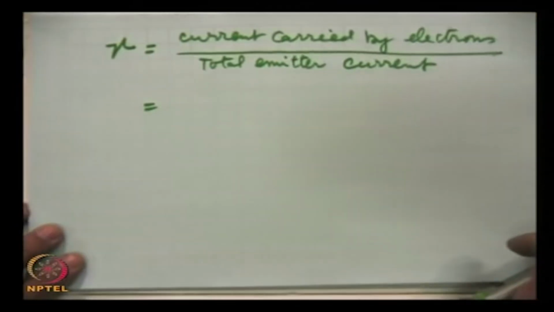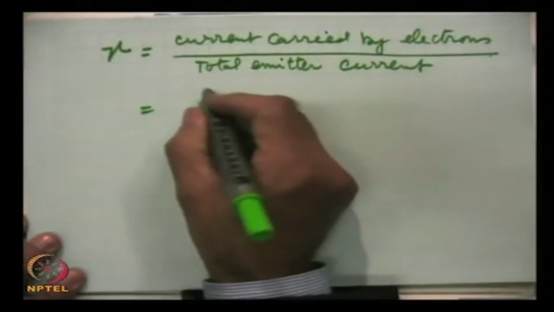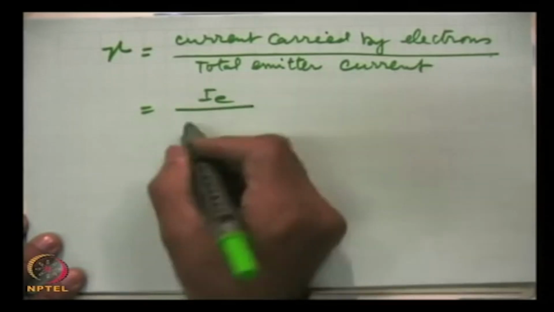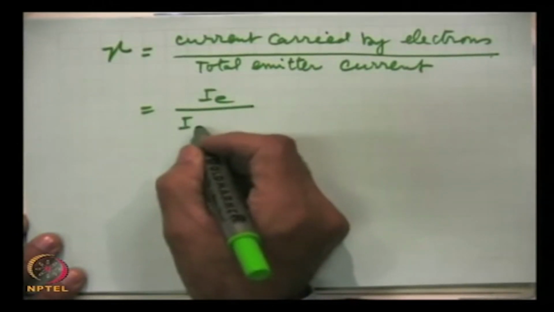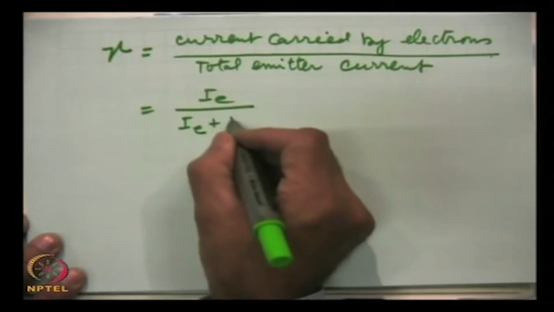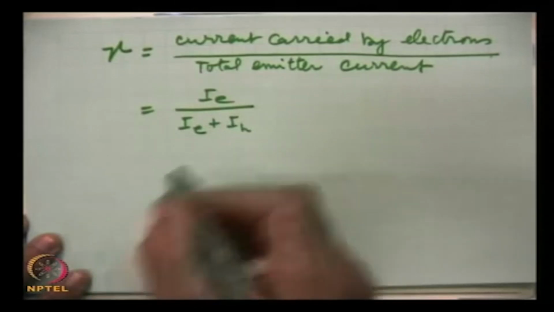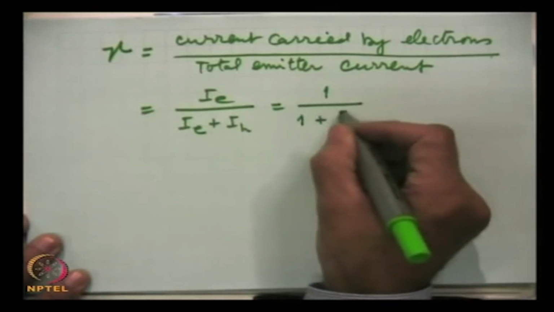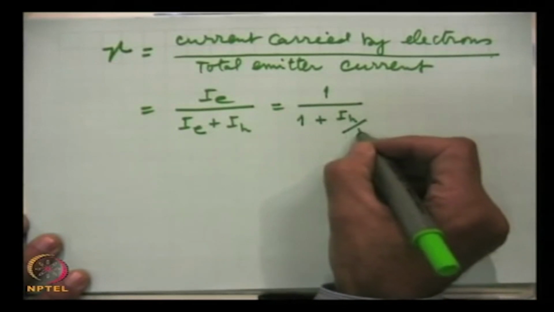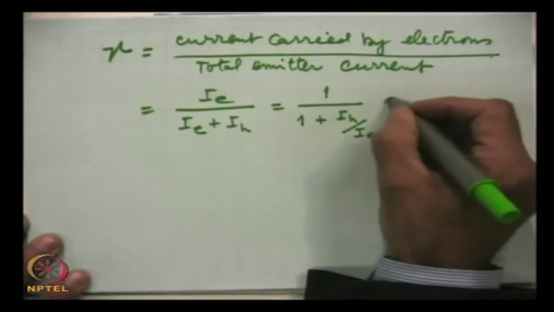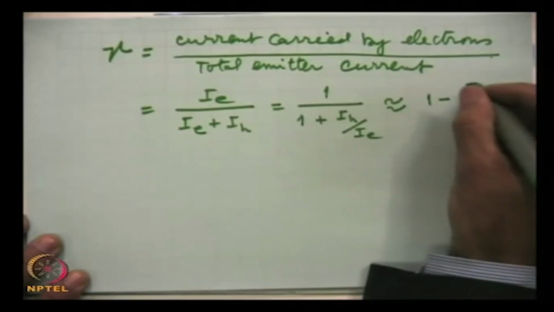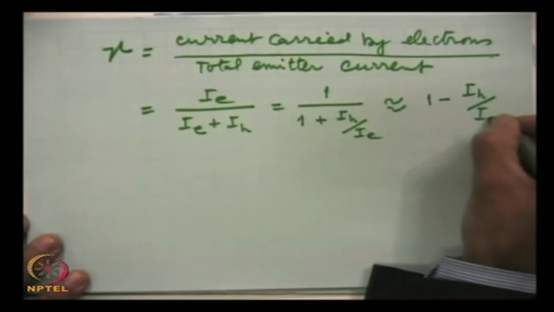And this electron component of the emitter current we write as IE, and the total current has two components, the electronic component, which we have discussed earlier, and the hole component, and this can be written as 1 upon 1 plus Ih, the hole component, over the electronic component, which can be approximated, if we expand it, as 1 minus Ih by Ie.